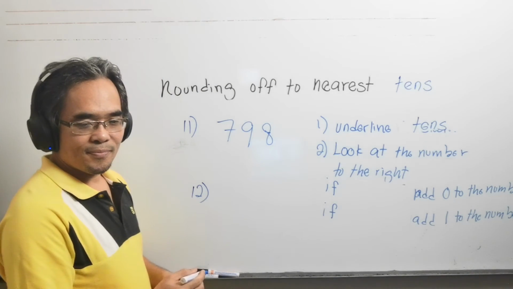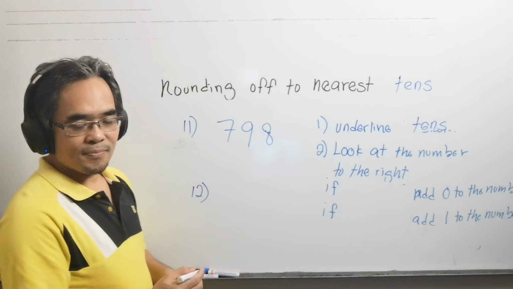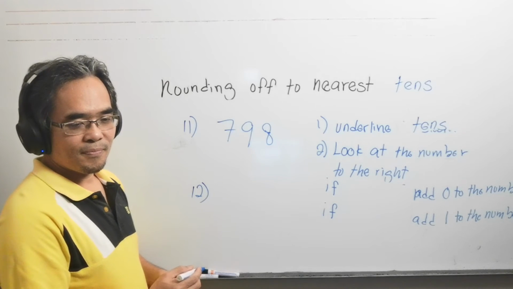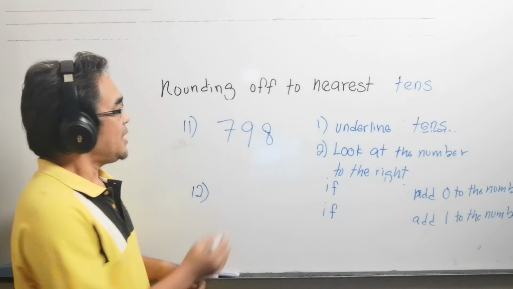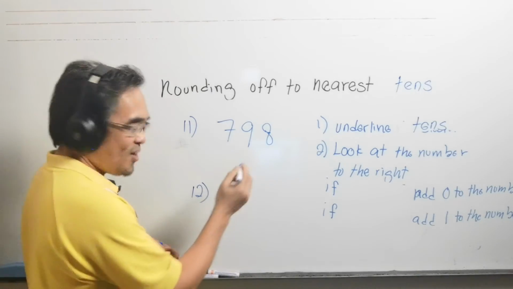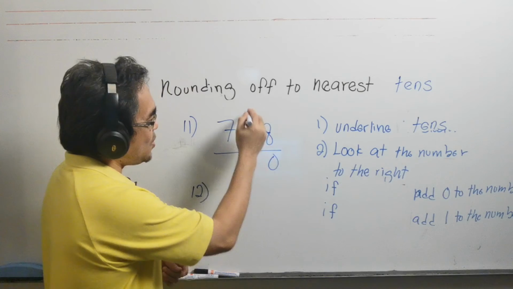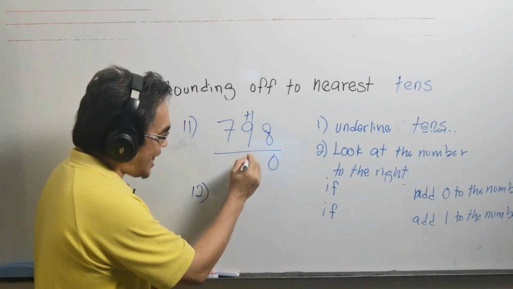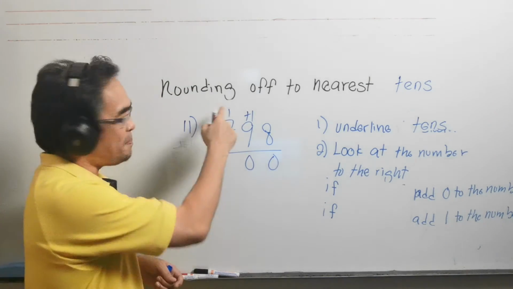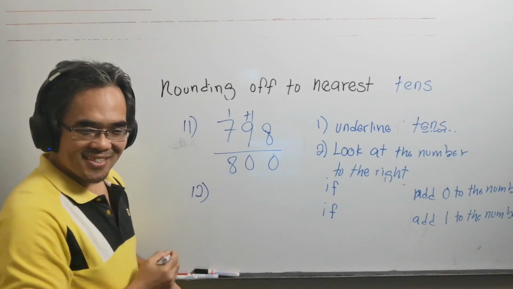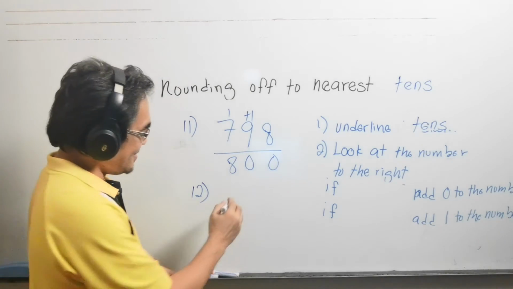Yes. $800. Okay, correct. Plus 1 here. So this becomes 0. 1 plus 9 is 10. And 1 here. 1 plus 7 is 8.